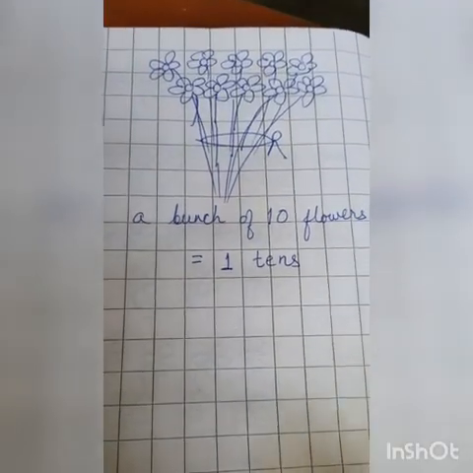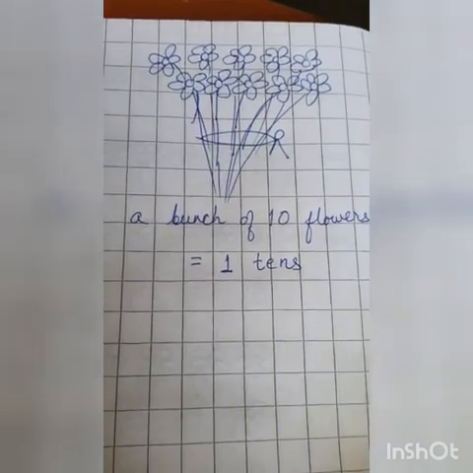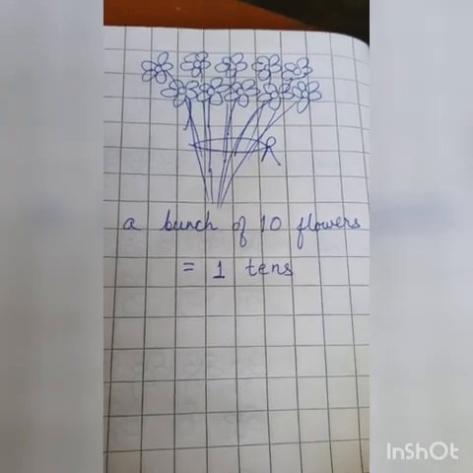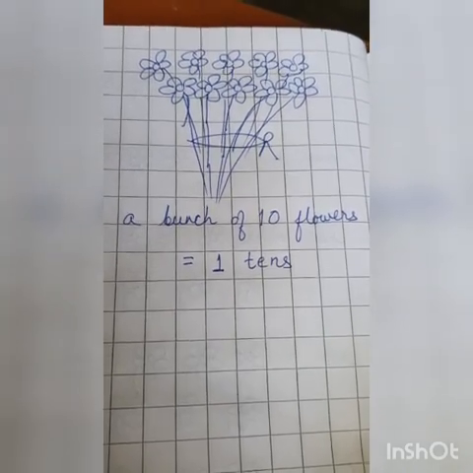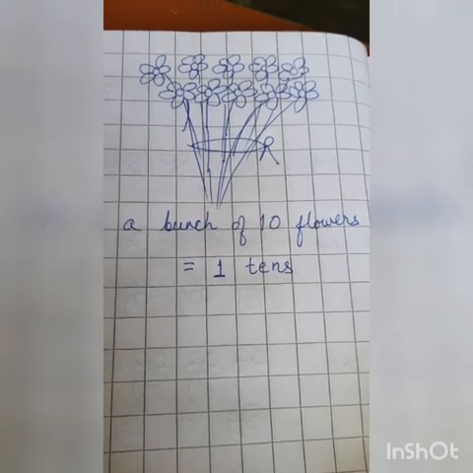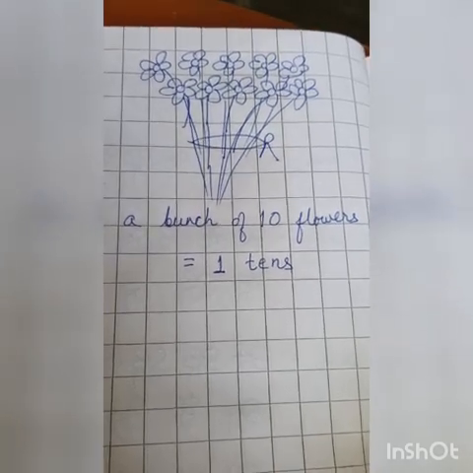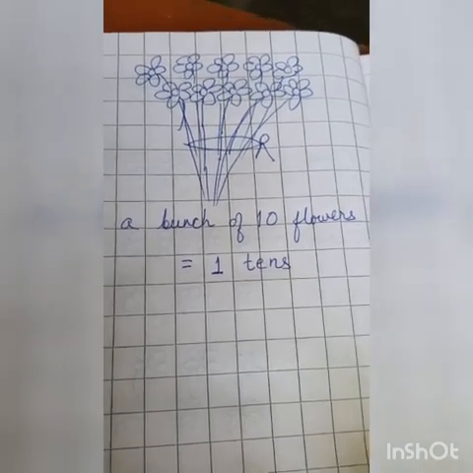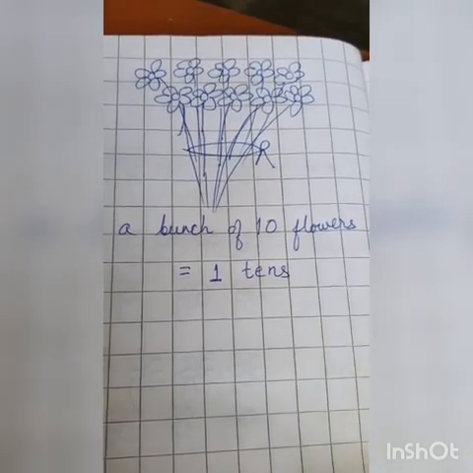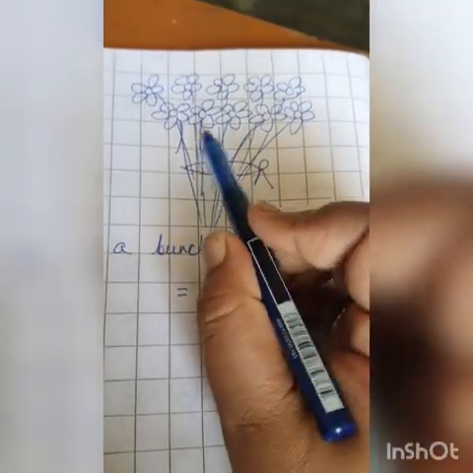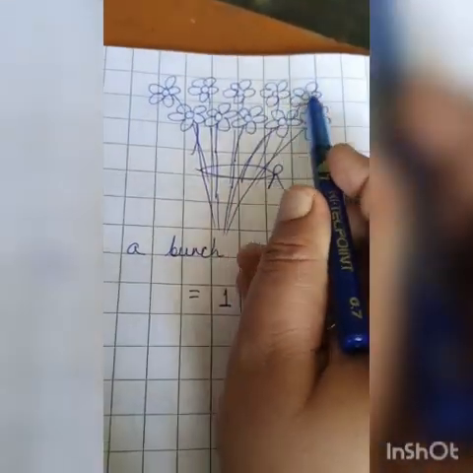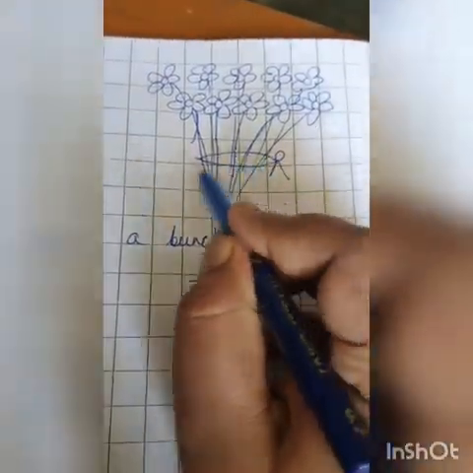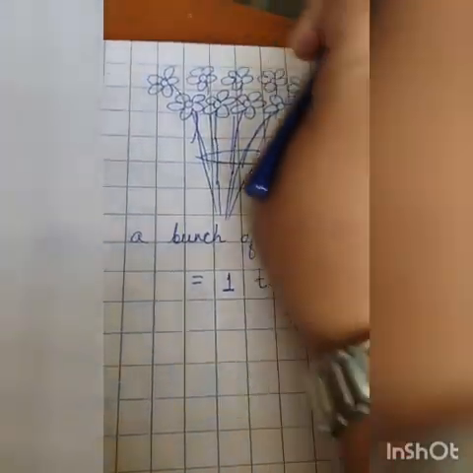Okay, children, do you remember what I told you in my last video? That when we count anything in loose manner till 9, we call it ones. But when we group them in one bunch of 10 things, they become a group of the things. Say here we have 10 flowers. Can you see? 1, 2, 3, 4, 5, 6, 7, 8, 9, 10. Okay, I tied them in one group and made a bunch of flowers.